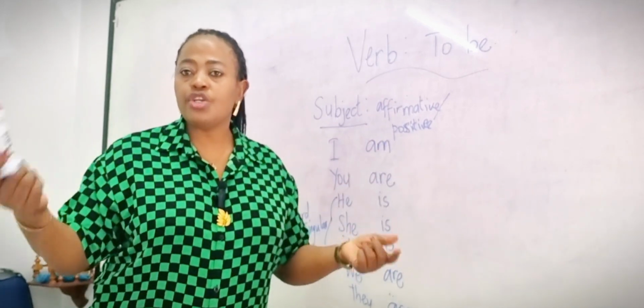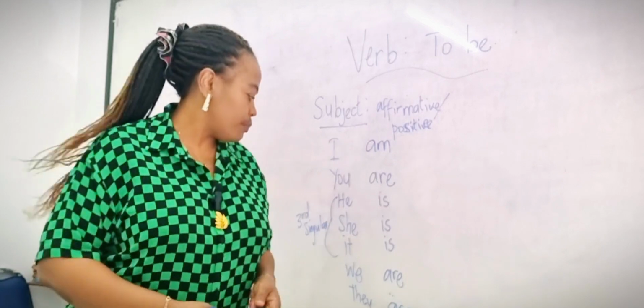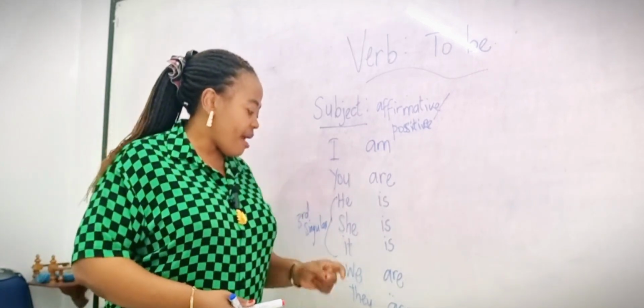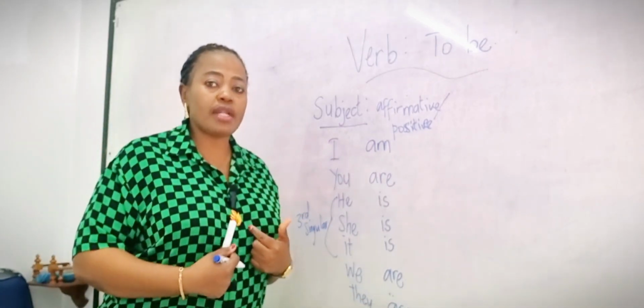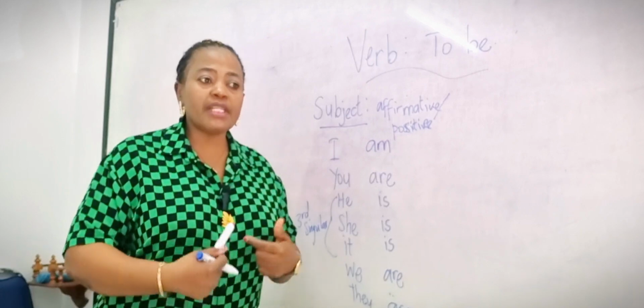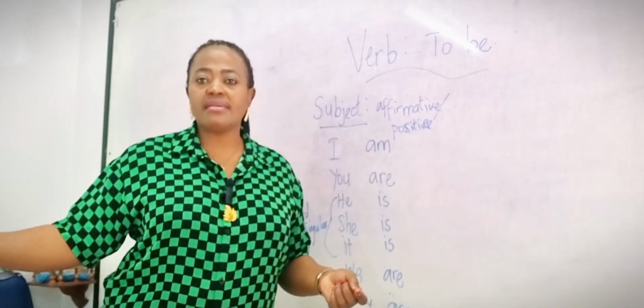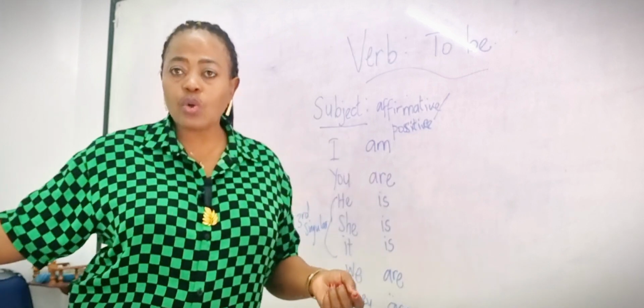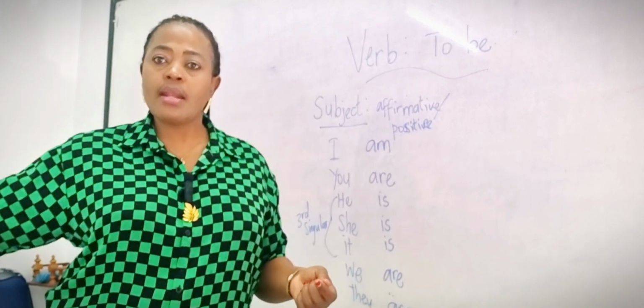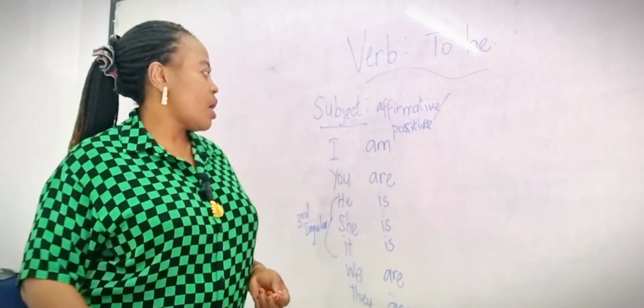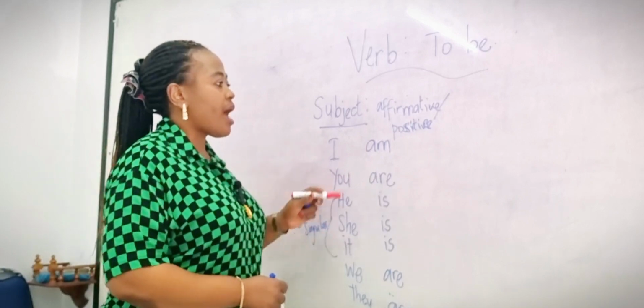You is many people. Then we have they. With you, I am not included. With we, I am included. They are students. With they, I am also not included, but they are more than one. So that is it for the affirmative.